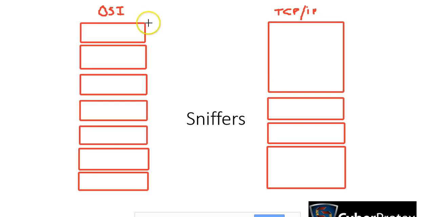So for us looking here, 7 to 5, so all people seem, right? This is the application layer. This is the presentation. This is the session.